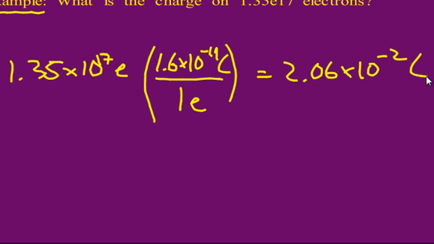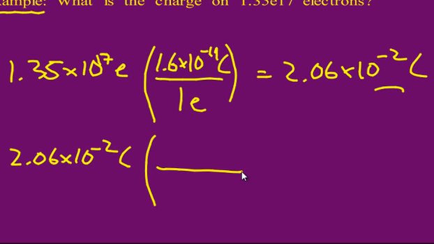I could take this number and convert it to millicoulombs or microcoulombs. You can see that this is a hundredth of a coulomb, so the next smallest unit might be a millicoulomb. So I could take this 2.06 times 10 to the negative 2 coulombs, and let's see how many millicoulombs that would be.